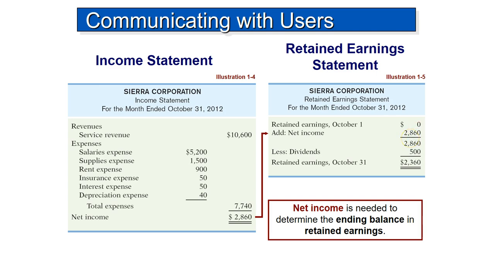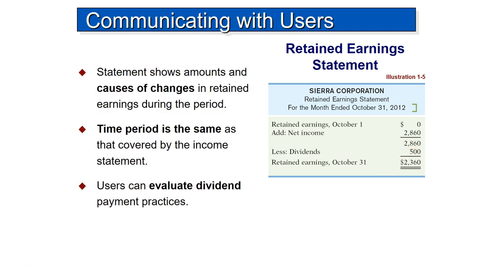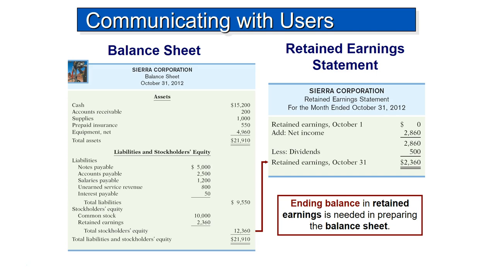We add the net income, but here we must subtract the dividends, the amount paid to the shareholders, $500. So what is retained, kept by the company, is $2,360. Again, double underline. So that is the profit that is kept by the shareholders in the company. The dividends are the profit that was returned to the shareholders in the form of cash. So this statement shows the changes in retained earnings from that period.